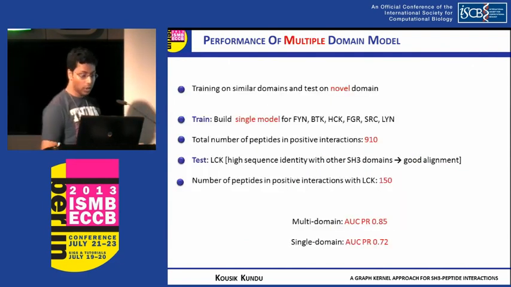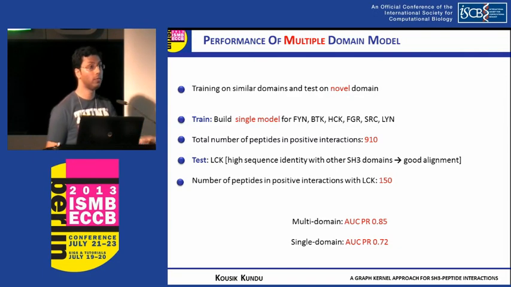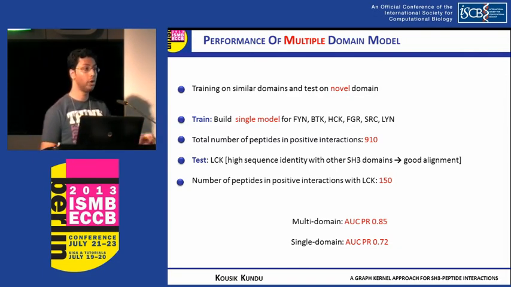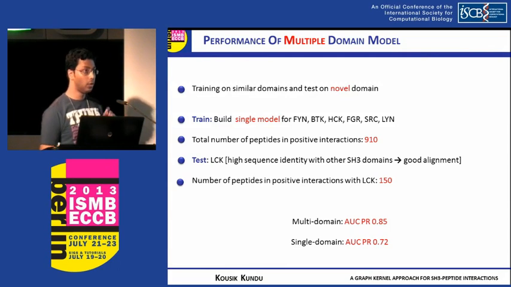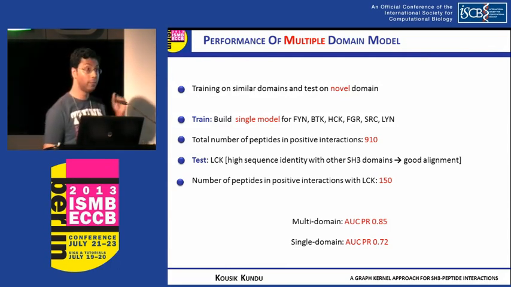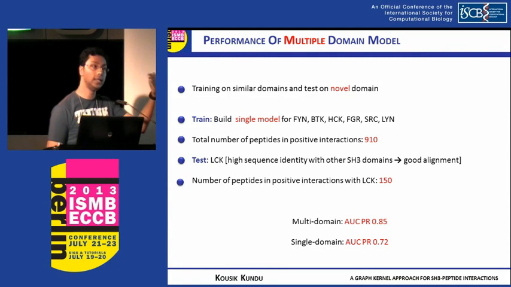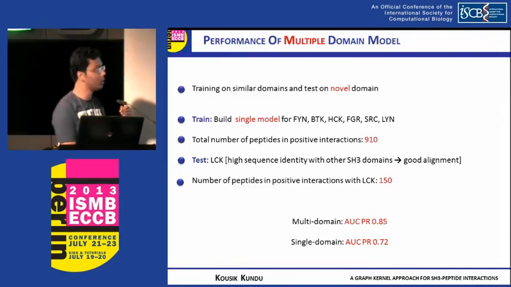We did another experiment to identify the interactions of a novel domain. For example, if you do not have any prior knowledge of a novel domain and you would like to predict the interactions of that particular domain, you can use your multiple domain model if your novel domain is highly sequence similar to these domains.